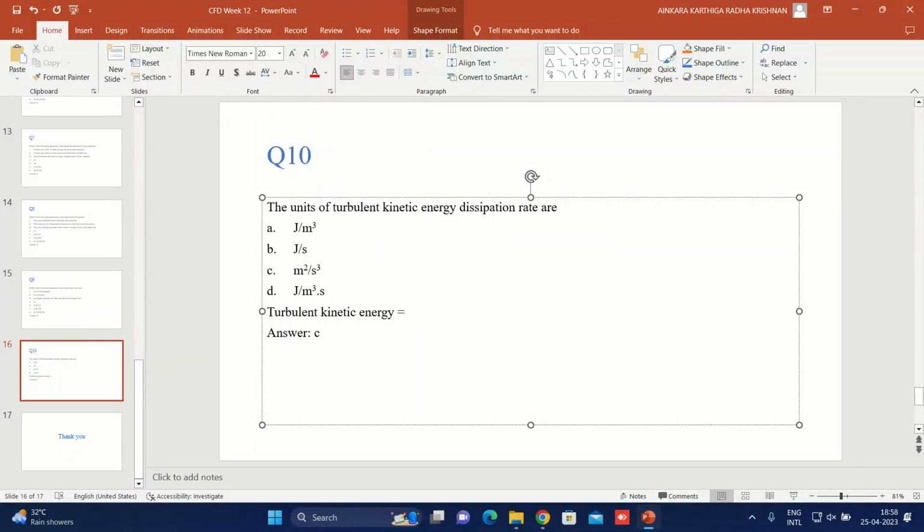So it is the mean square of velocity fluctuations, so its unit is meter square by second.